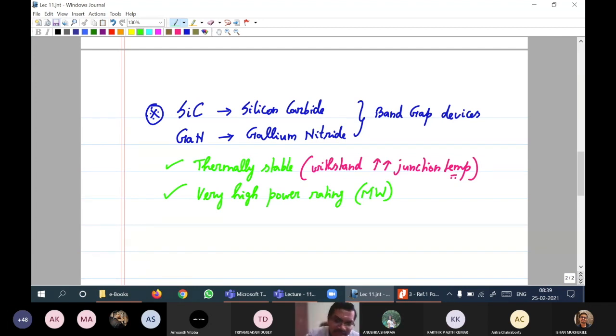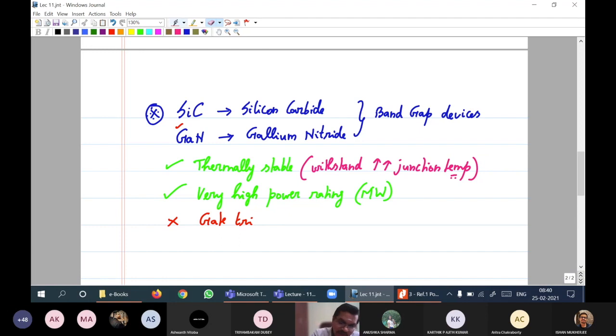There is one drawback, especially with regards to gallium nitride device. The drawback is that the gate triggering is a bit complicated. It is a very, very sensitive device, especially the gallium nitride device.